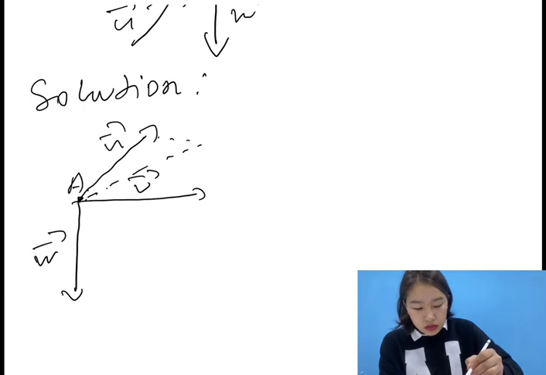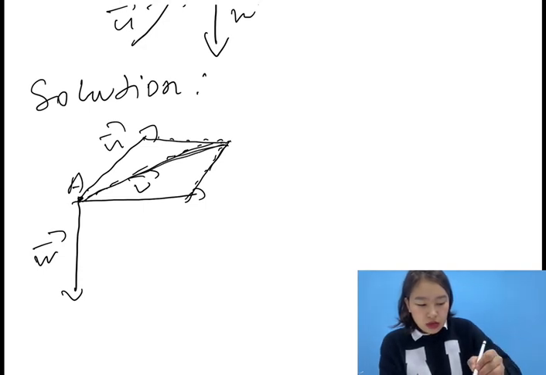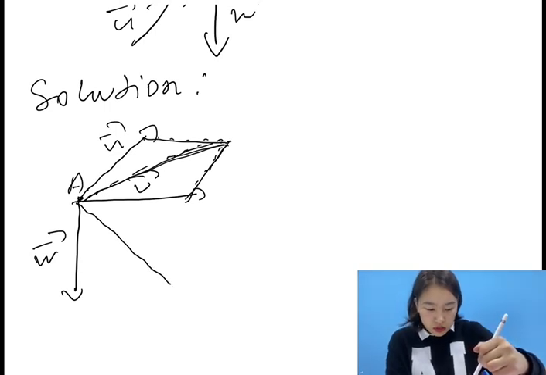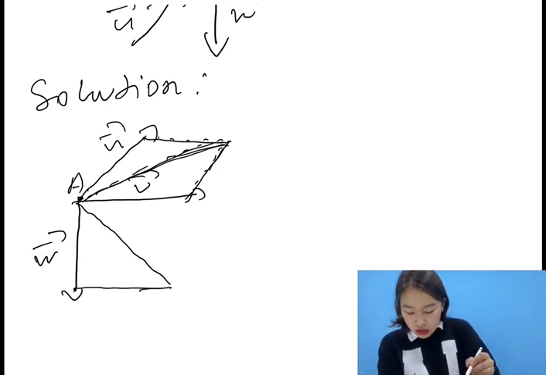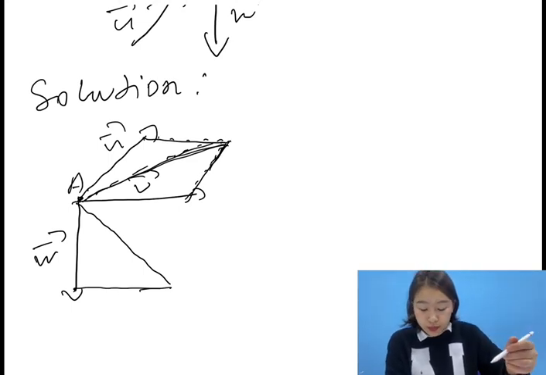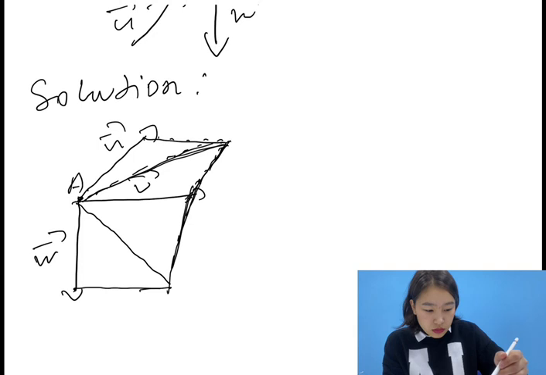Connect this one like this. I know that it doesn't look proper, but I think you will understand it. Connect the other sides again to form a parallelogram. Like this.